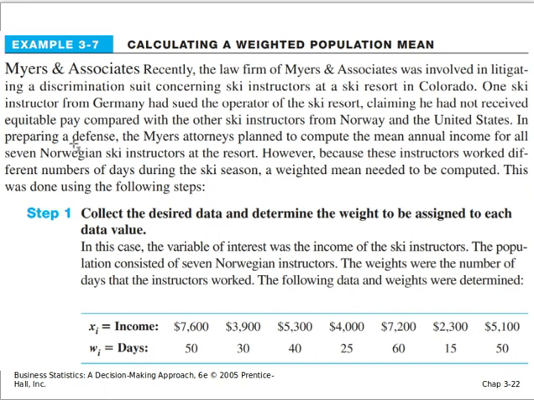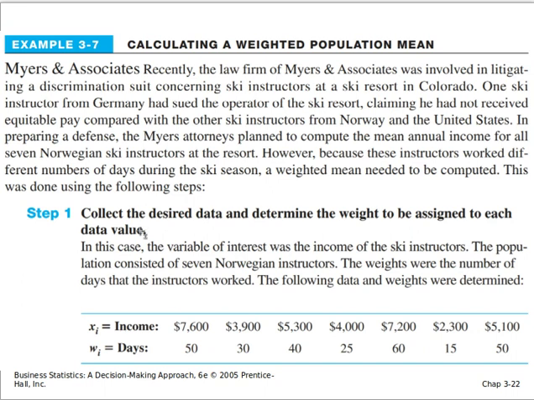In preparing a defense, the attorneys planned to compute the mean annual income for all 7 Norwegian ski instructors at the resort. However, because these instructors worked different numbers of days during the ski season, a weighted mean needed to be computed, and this was done using the following steps.